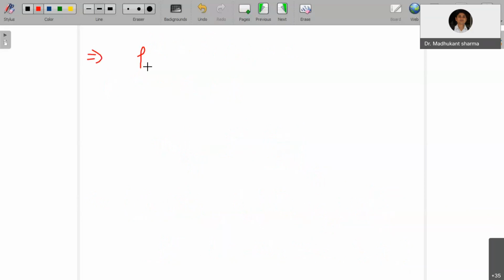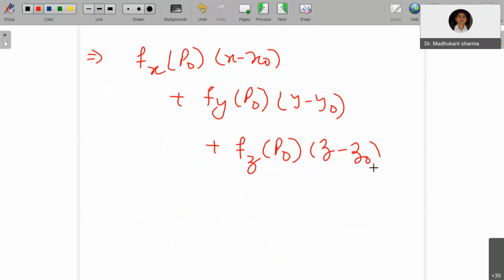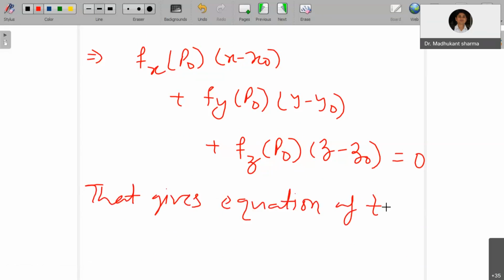This implies fx at p naught times x minus x naught plus fy at p naught times y minus y naught plus fz at p naught times z minus z naught equals 0. Substitute everything here, and that gives the equation of the tangent plane.